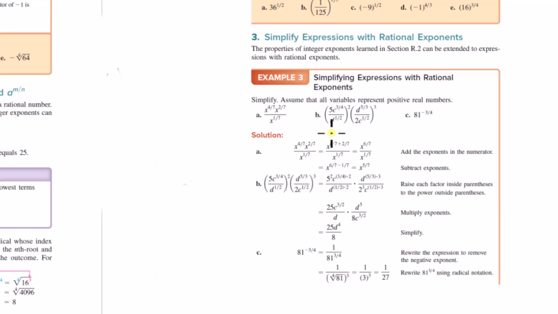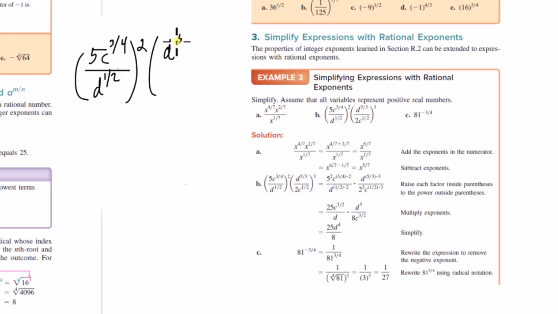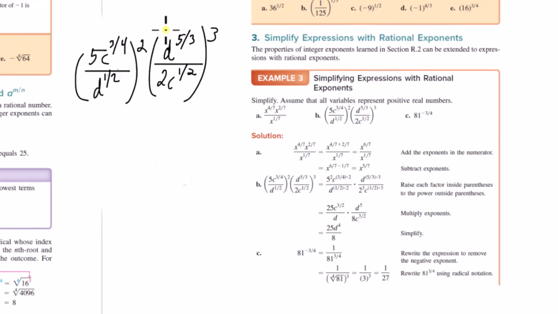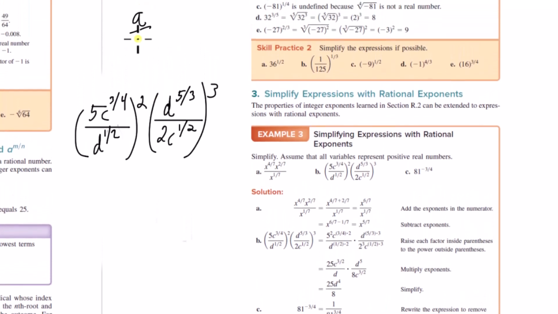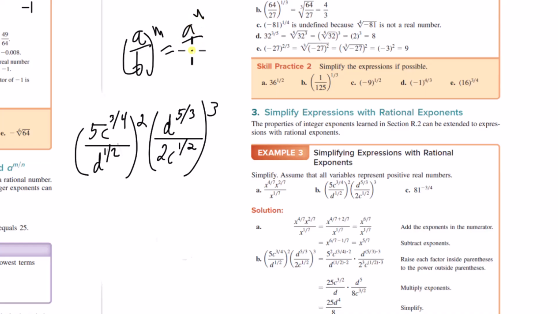Okay, let's see. Here we've got 5c to the 3/4 over... Okay, so we know a over b to the m power is equal to a to the m over b to the m. And we also know that a times b to the m is equal to a to the m, b to the m.